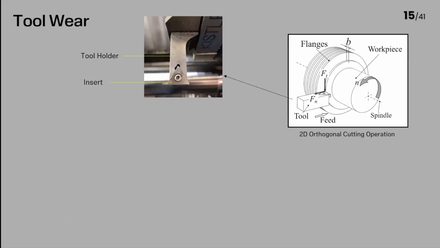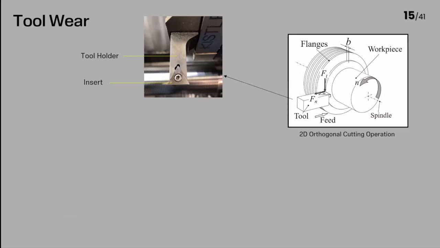Although most cutting operations are three-dimensional and complex, we use this two-dimensional orthogonal cutting operation to demonstrate the basic mechanics of metal removal, where the cutting tool moves perpendicular to the workpiece motion.